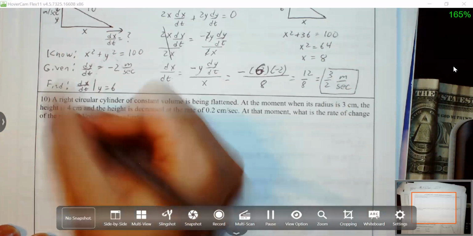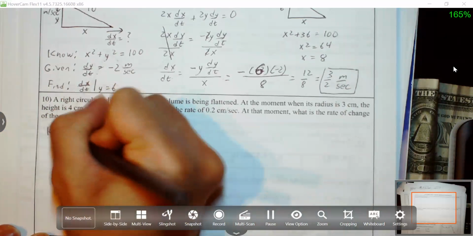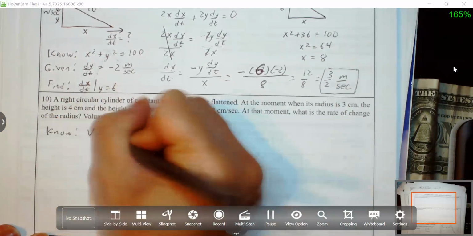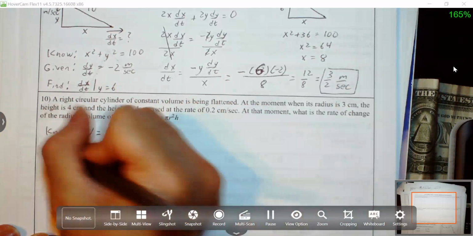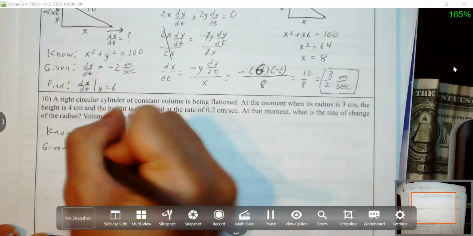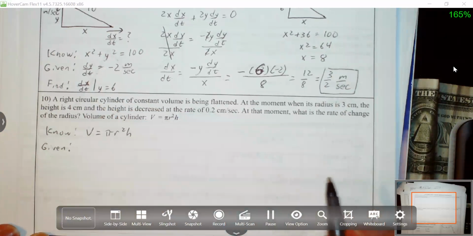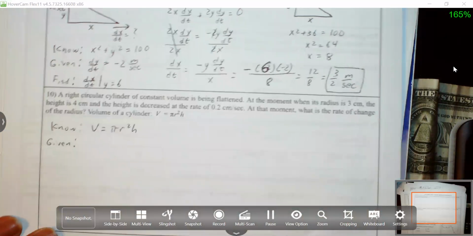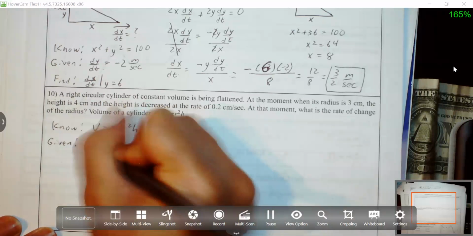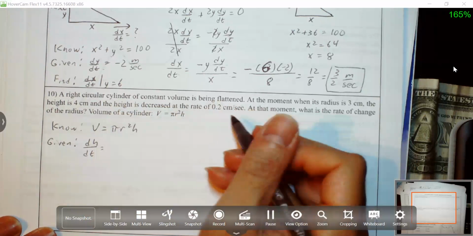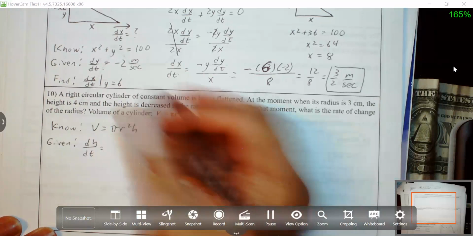We know that volume is equal to pi r squared h. We are given, oh, actually, there is a little kind of trick here. We are given that height, dh/dt, is decreasing at a rate of 0.2 centimeters per second.